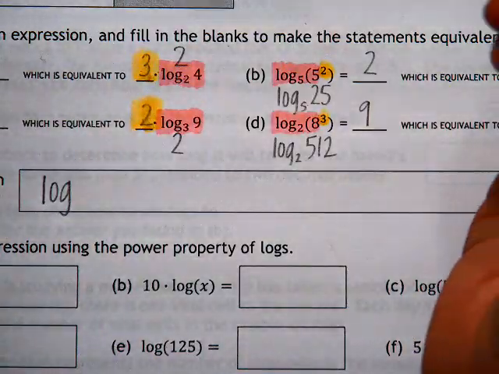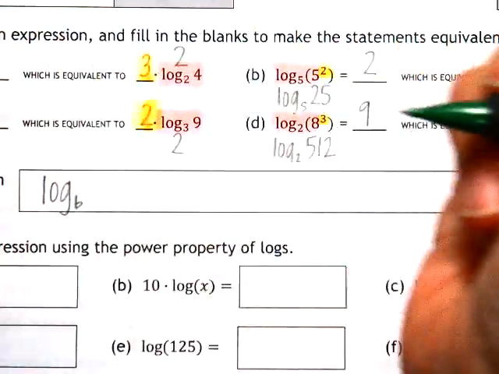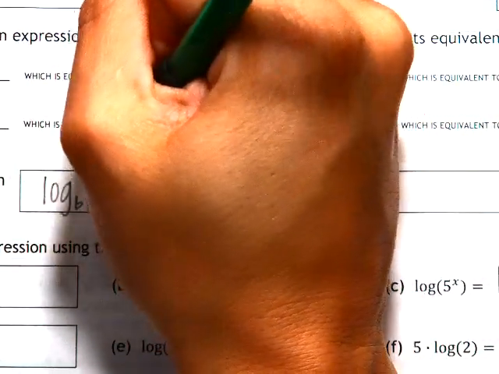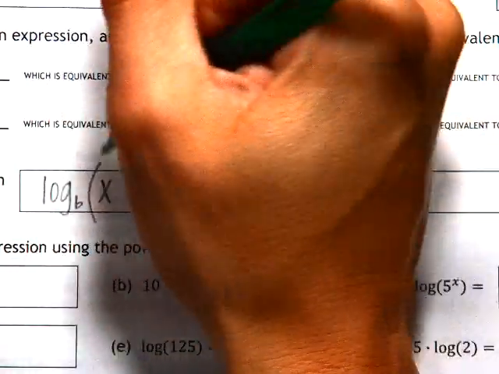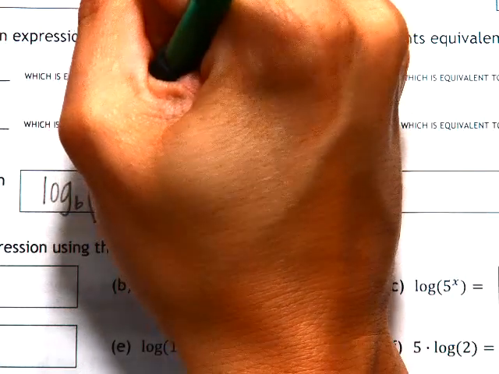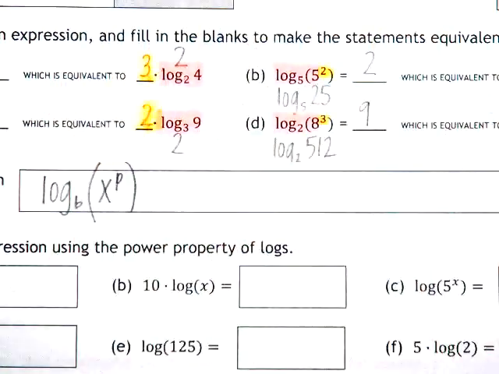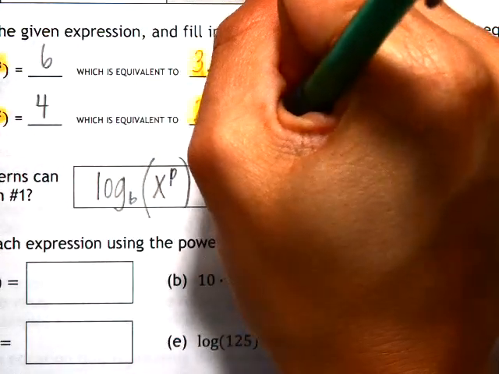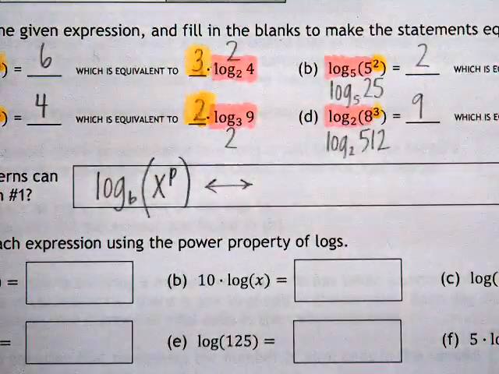If you have a log of any base, we'll just call that b for base, that has any letter x to the power of any power p. I'll just write it like that with those variables. Then technically that p, that power, is movable.